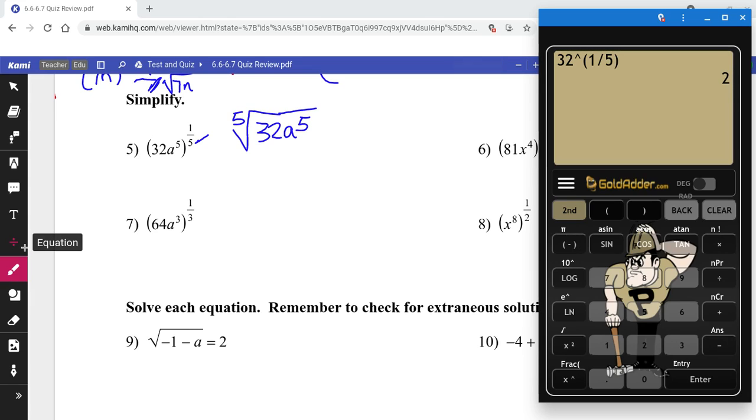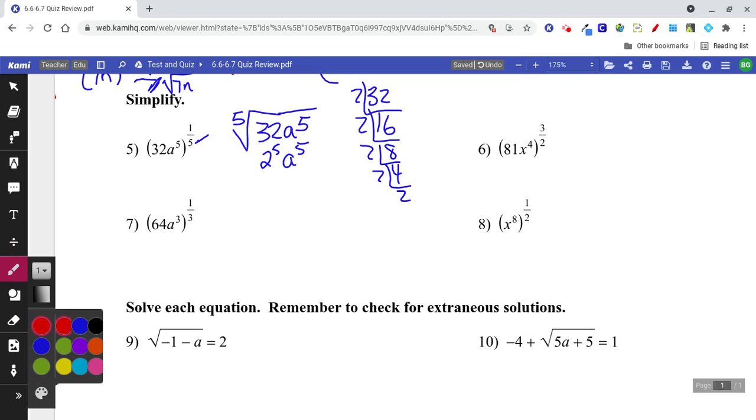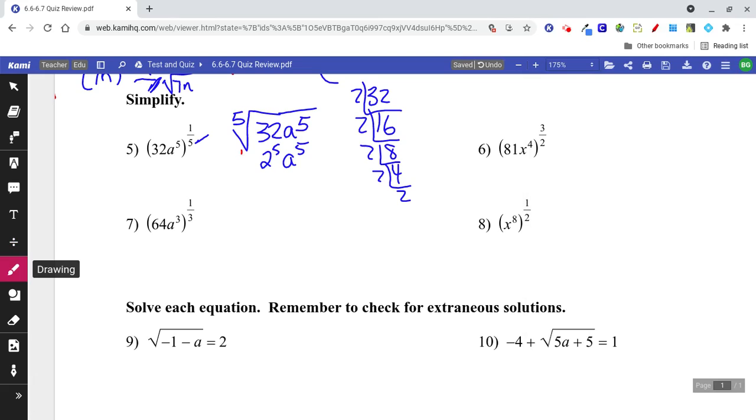Okay, so that's good. If you didn't know that, we could break it down like this. Divide by 2, divide by 2, divide by 2, divide by 2. 32 is 2 to the 5th. I kind of like doing it like that, because then the numbers act exactly the same way as the variables.